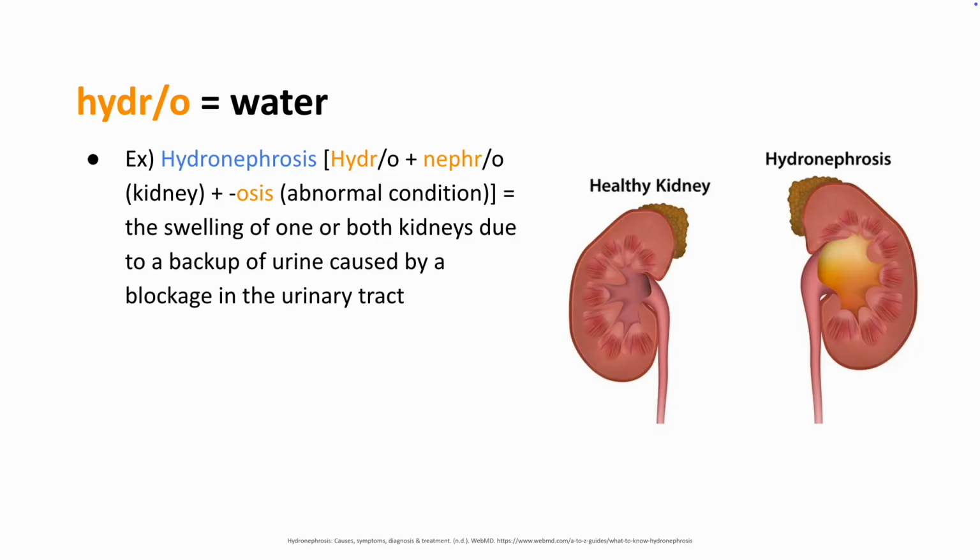So like the name hydro suggests, if you have something like a stone, a lith, blocking here, and your urine cannot be delivered to your bladder, and everything is stocked up here, and the urine starts swelling your kidney, that's hydronephrosis.